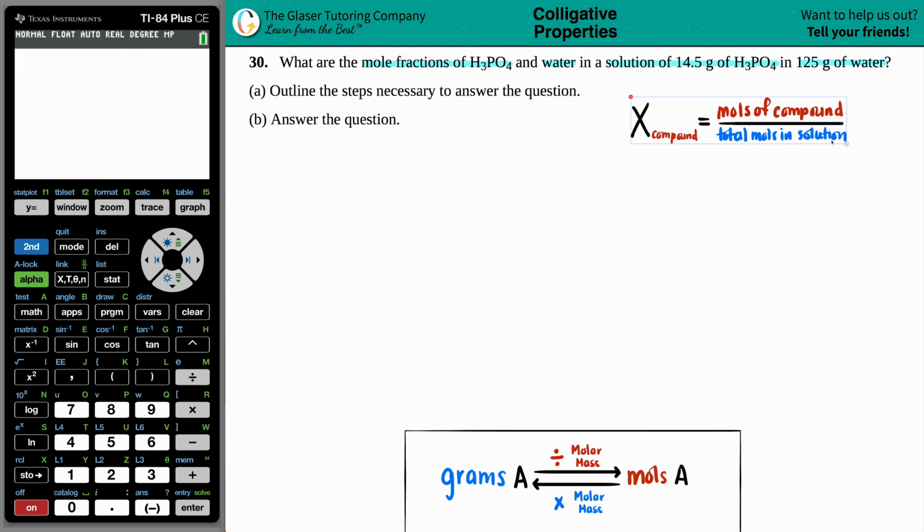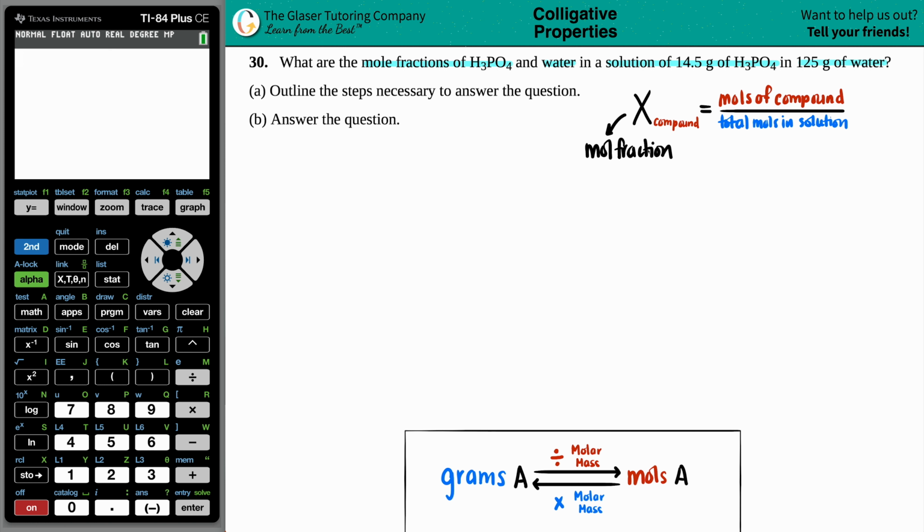A fraction just equals a part divided by a whole. If you wanted to turn a fraction into a percentage, you just times it by 100. But since we just want the fraction, we just want a part divided by a whole. Now the x here is represented as the mole fraction. So if you do see that in class, the x is the mole fraction.